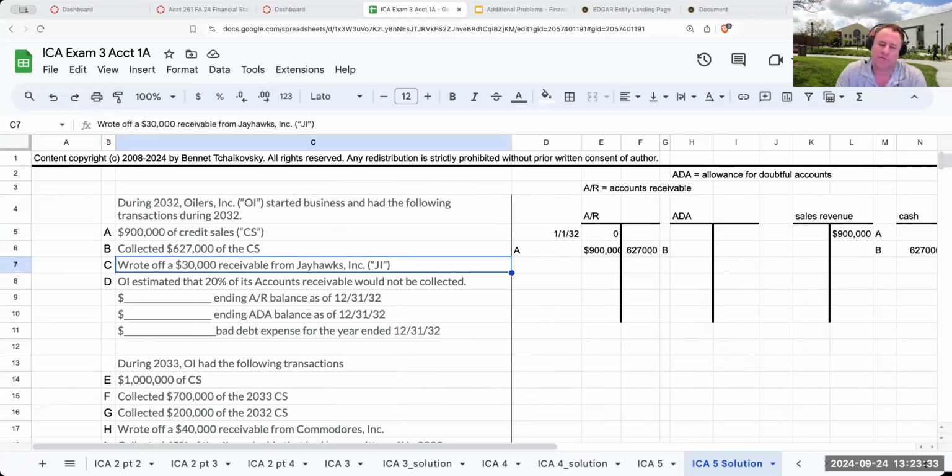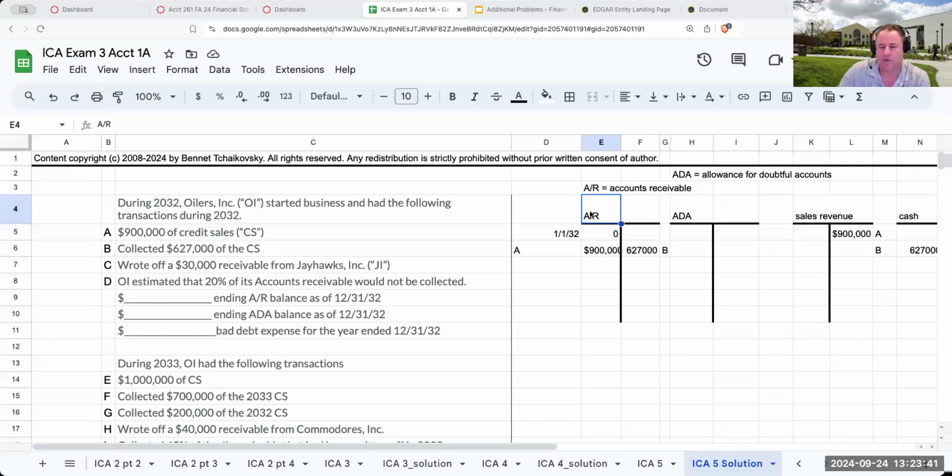Now, I wrote off a receivable from Jayhawks Inc. Now, what's really important is when we're doing a write-off, it basically means that I'm no longer going to be able to collect that account receivable. So the way I'm going to show a write-off, though, is not via a debit to bad debt expense. Rather, if I'm writing off a receivable, I'm going to credit accounts receivable because I can no longer collect that amount.